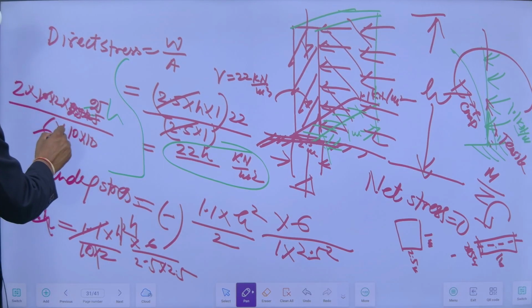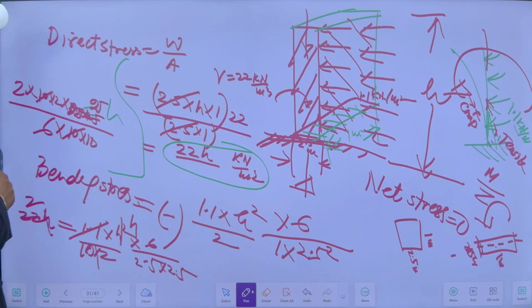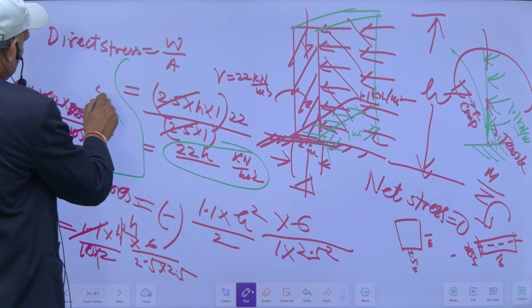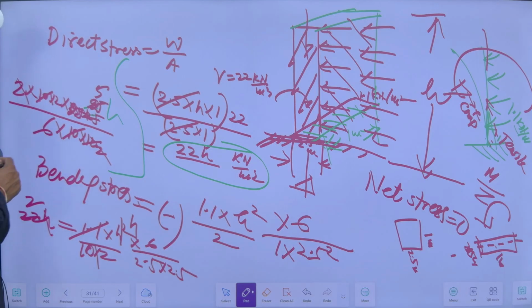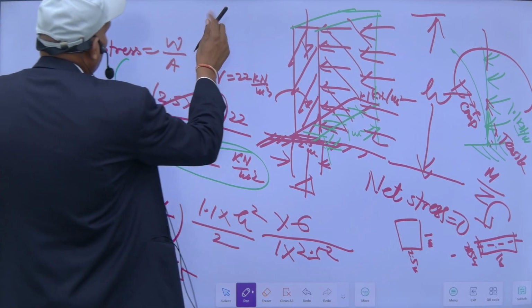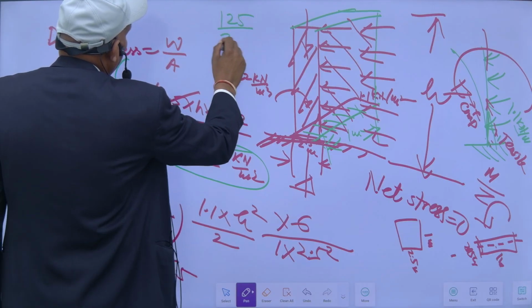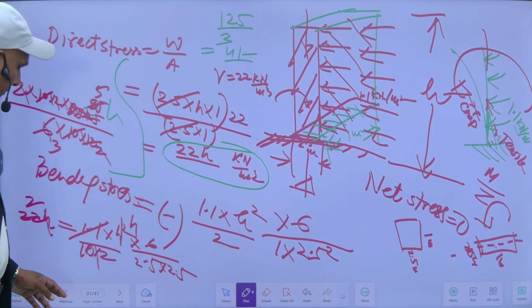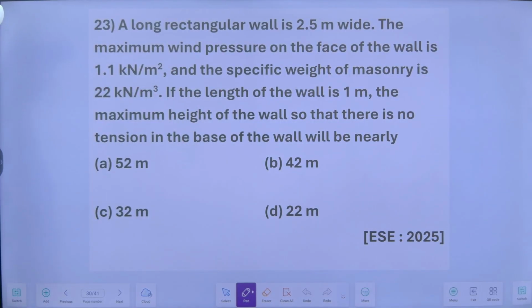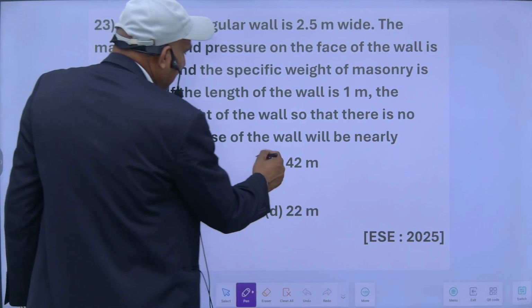Now it will be 125 upon 3. 125 upon 3 will be 41 point something. That will be the value. So 41 point something means 42. So this is the right option.